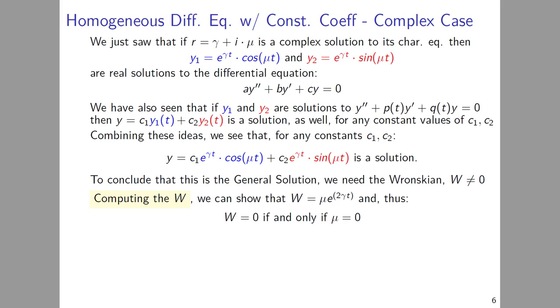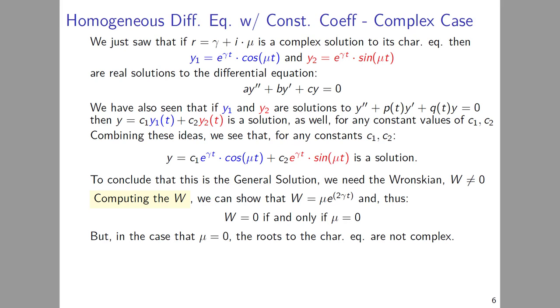So the Wronskian is 0 if and only if mu equals 0. But in the case that mu does equal 0, the roots of the characteristic equation, gamma plus i mu, are not actually complex. They would just be a real value, gamma.